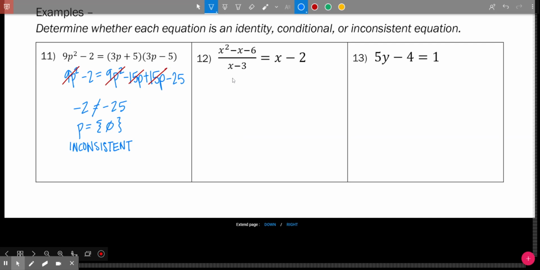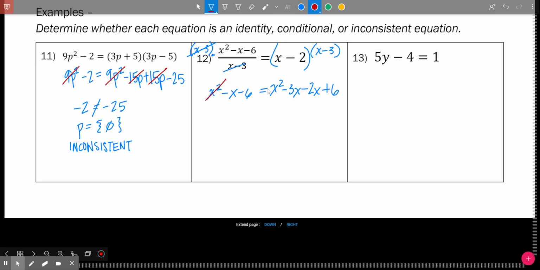In number 12, I'm going to multiply both sides by x minus 3. And that's going to get rid of the x minus 3 on the bottom on the left. And I have x squared minus x minus 6. When I distribute this, this gives me x squared minus 3x minus 2x plus 6.